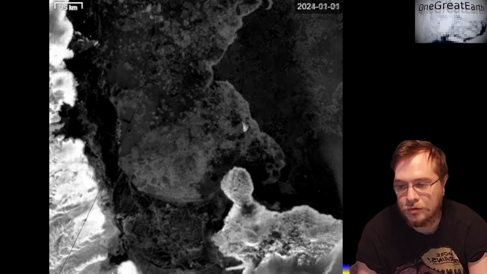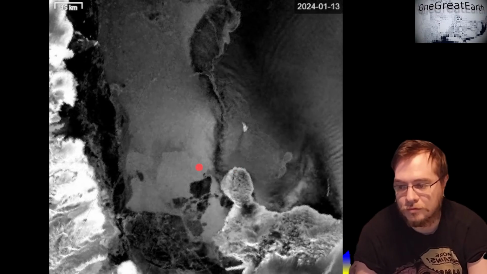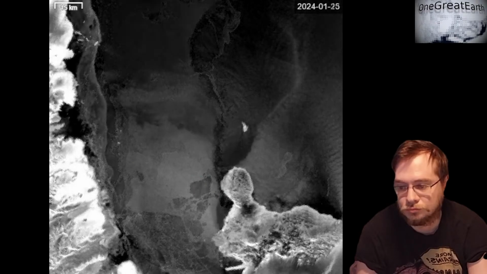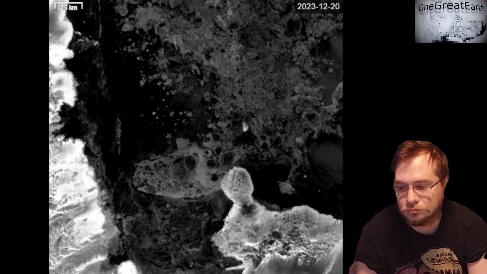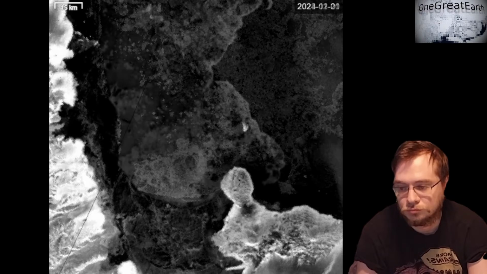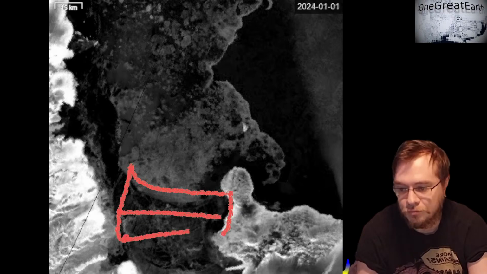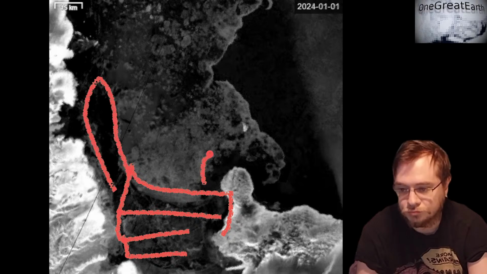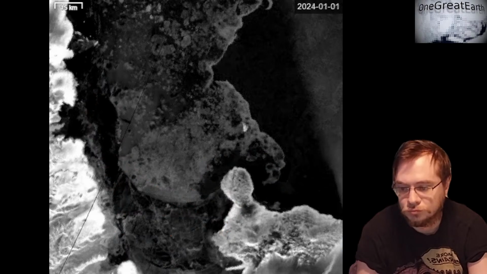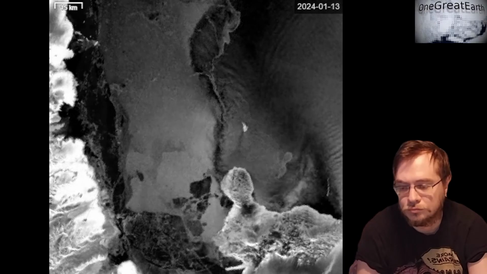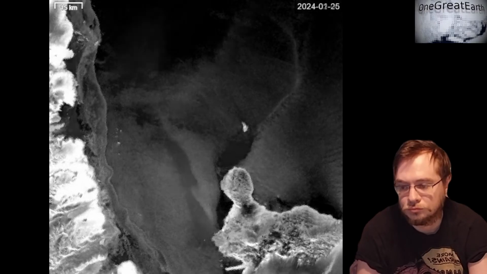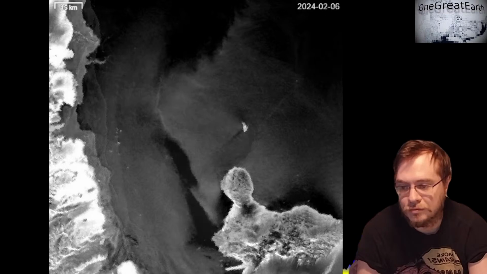Let's go here. You can see the date up here, the first. This is where the sea ice extent right now reaches across from. Pulled out to sea.